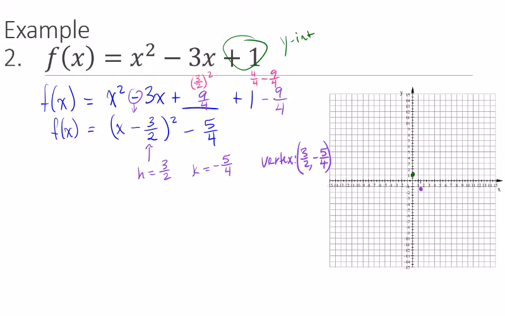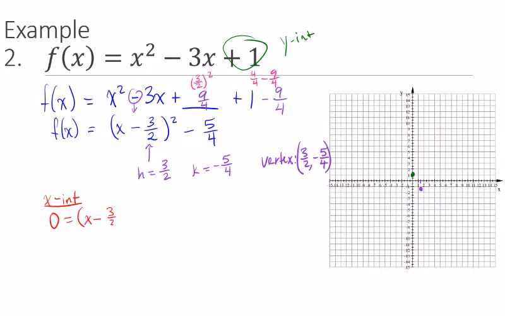So now for our x-intercepts, let's see, what color do I want to use? I'll use red again. So for the x-intercept, I'm going to set f of x equal to 0.